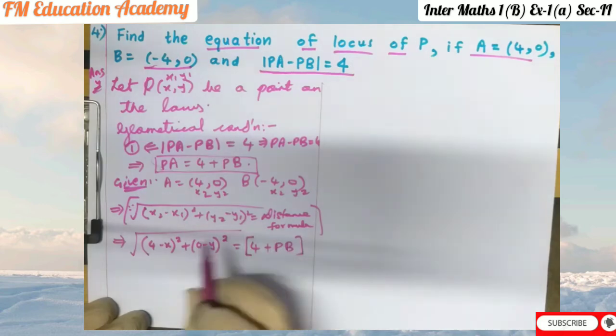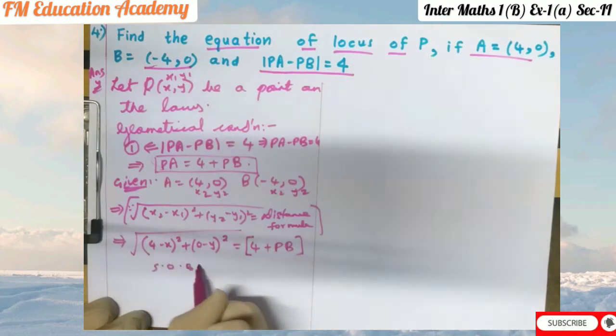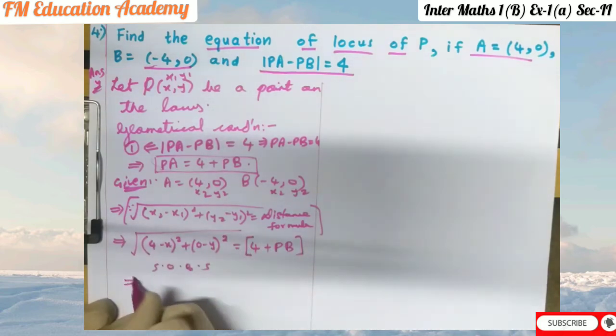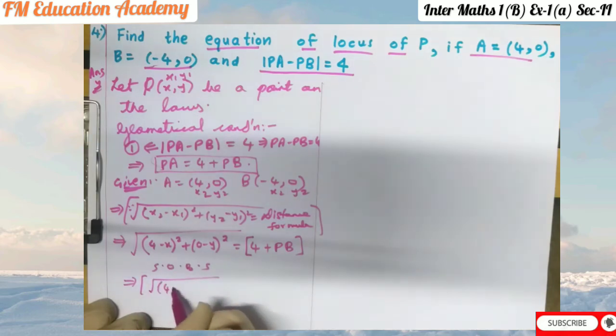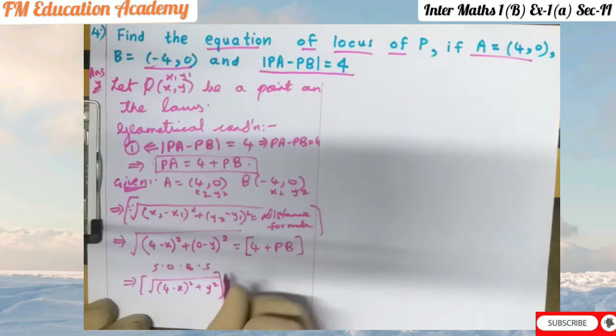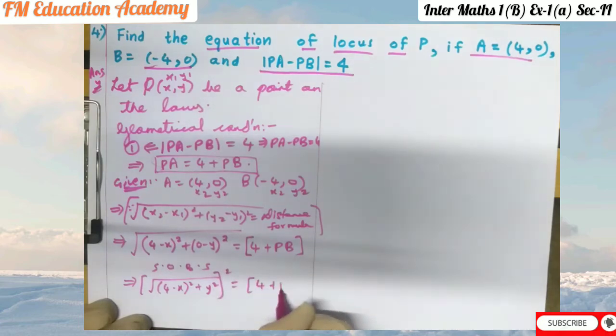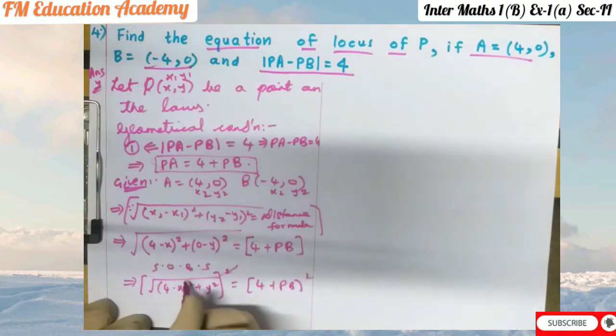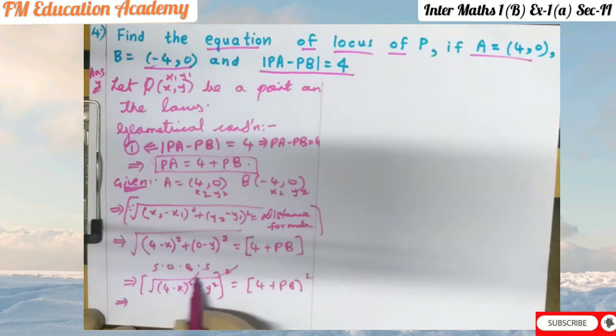Now we'll square on both sides because we want to remove this root. So squaring on both sides, (4 minus x) whole square plus (0 minus y) whole square, that is y square, is equal to (4 plus PB) whole square. Square and root get cancelled. It is in the form of (a minus b) whole square.